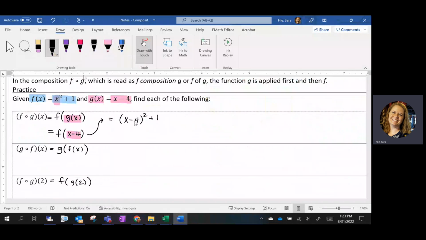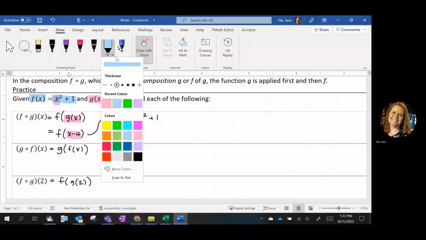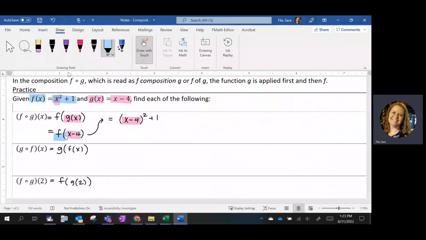Then I'm ready to simplify after I've actually done the inputting. So this is the g function inside. I'm going to color code this so that it's around it, so you can see that pink is input inside the f function.